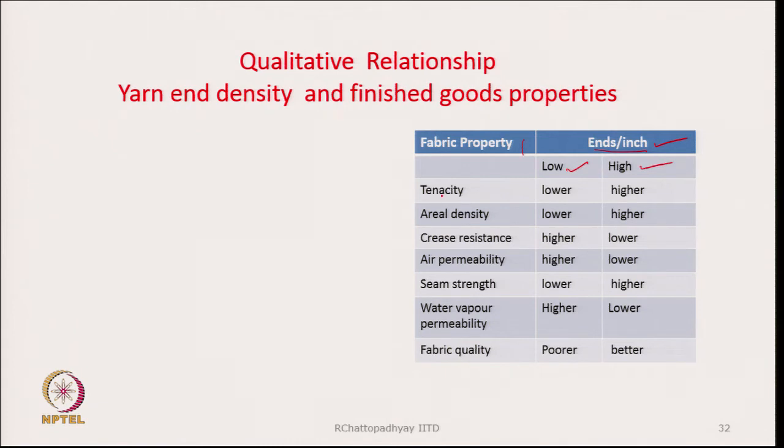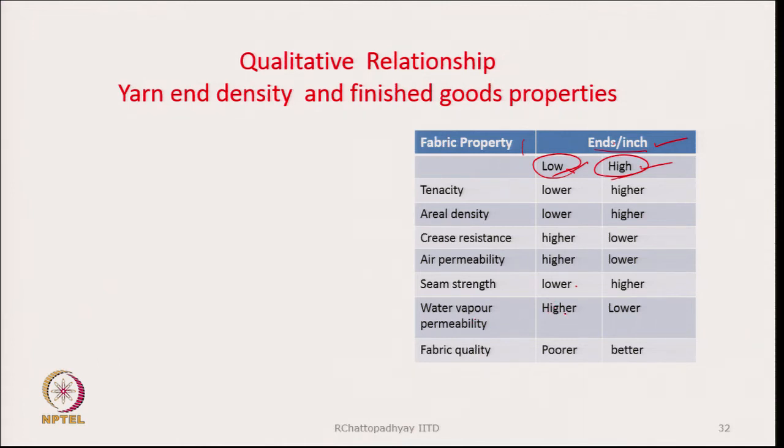So, tenacity will be lower if the ends per inch is lower, seam strength will be low if the ends per inch is lower, water vapor permeability will be higher if ends per inch is low. See, ends per inch here is low and this is high. When it is low, that means there are a lot of gaps between the yarns.